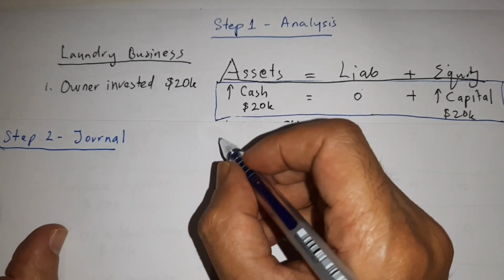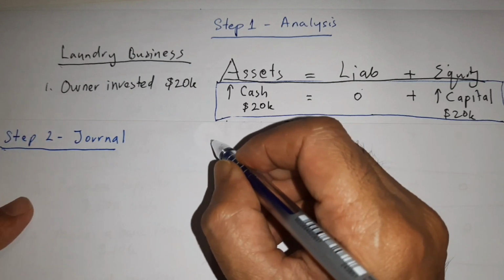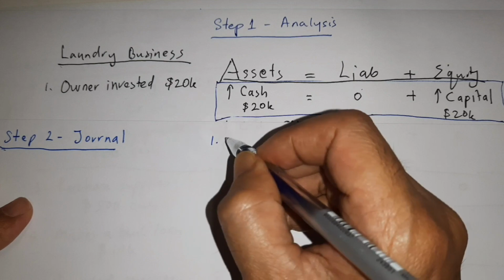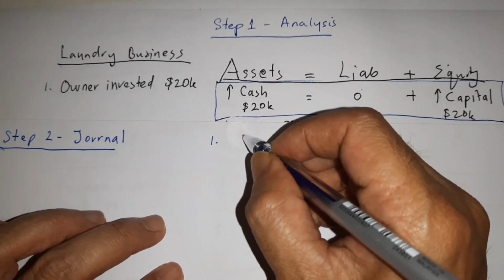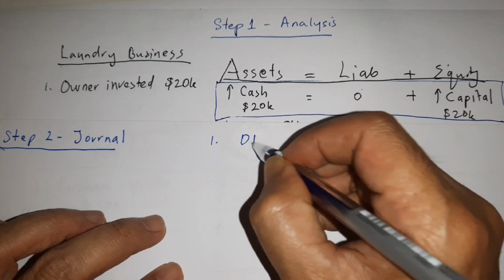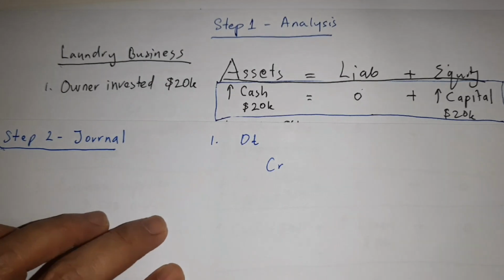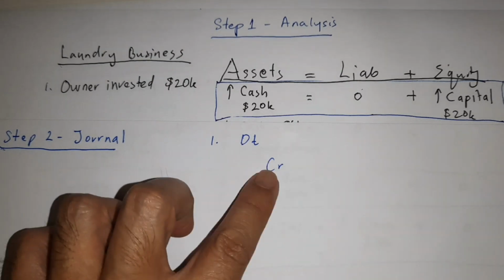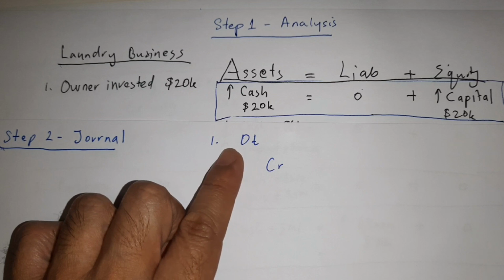First you have to write the date of the transaction. We assume that the date is day 1, or 1st of January. And then you have to show the debit account, and the second thing is you have to show the credit entry. When you have to show the debit entry and credit entry, this is the time when you have to use the rule of debit and credit.